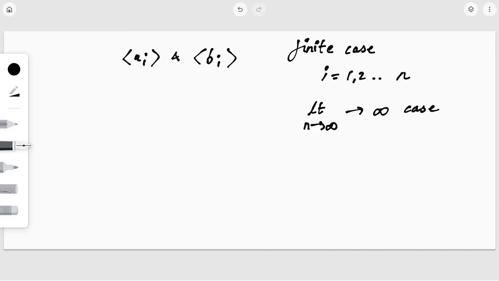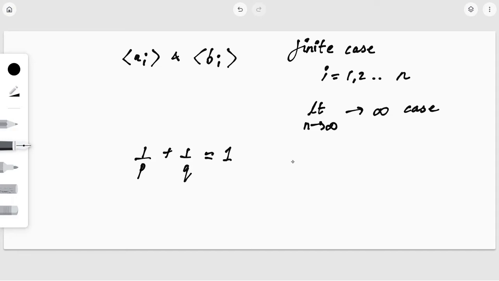Now, before moving to the proof, we are given in the inequality that 1 by p plus 1 by q is 1. Using this equation, we can form two other equations which we will use further in our proof.